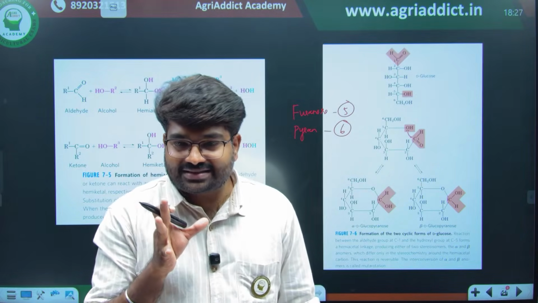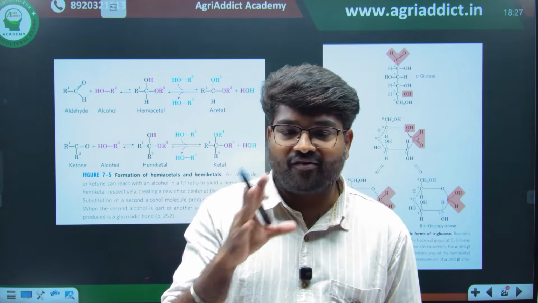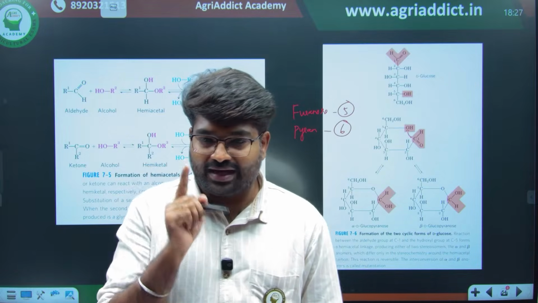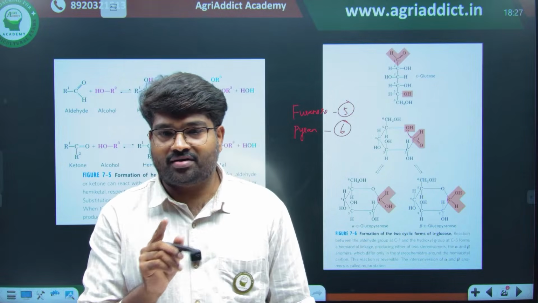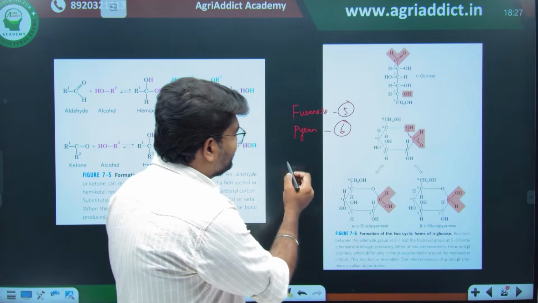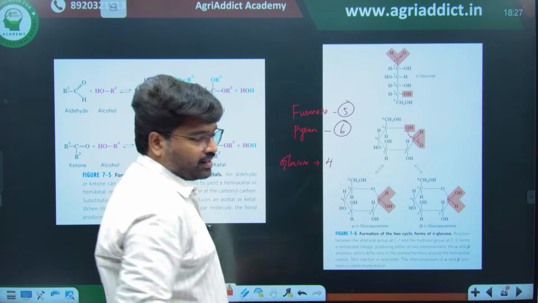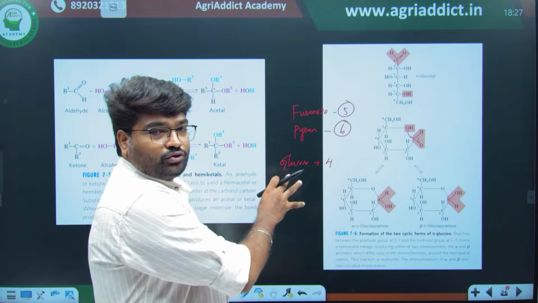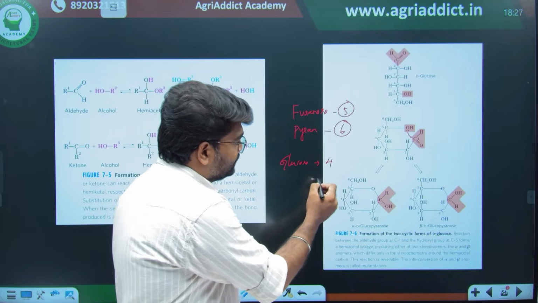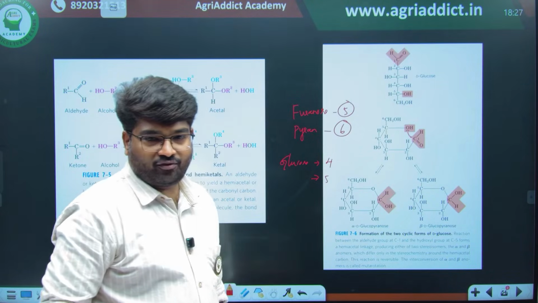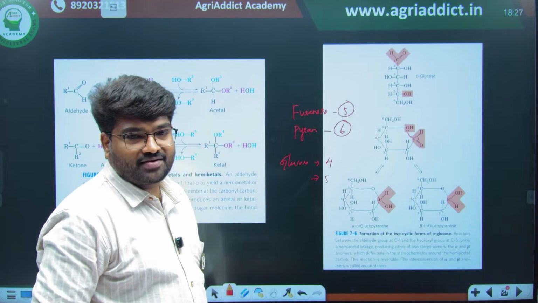If a ring structure is formed, the number of anomeric carbons will increase by 1. This is another important thing. Normally, if you see glucose, there are 4 chiral carbons. If this glucose is found in cyclic structure, it will become 5.